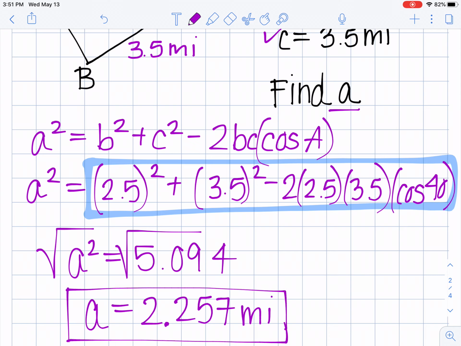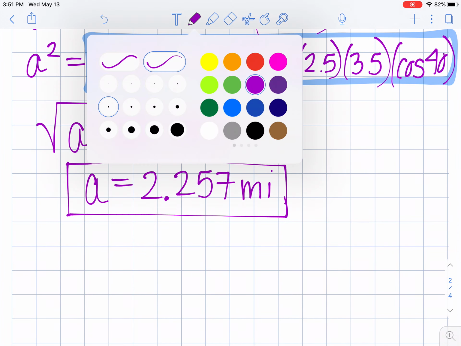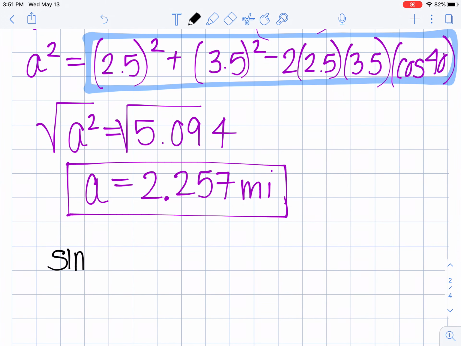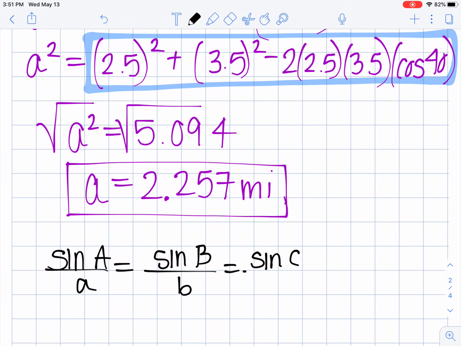Now, I did tell you that we need to understand why I can't use law of sines for this problem. If I was going to do law of sines, sine of A over a is equal to sine of B over b is equal to sine of C over c.